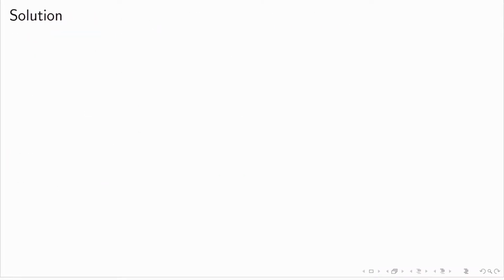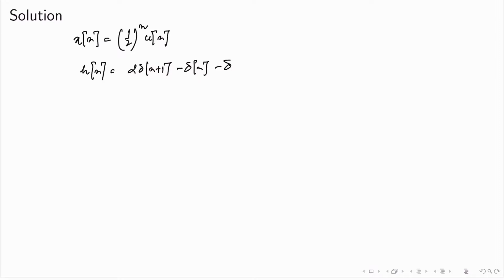So what is x of n? X of n is half to the power of n u of n. And what is our h of n? H of n is 2 delta of n plus 1 minus delta of n minus delta of n minus 2, right?